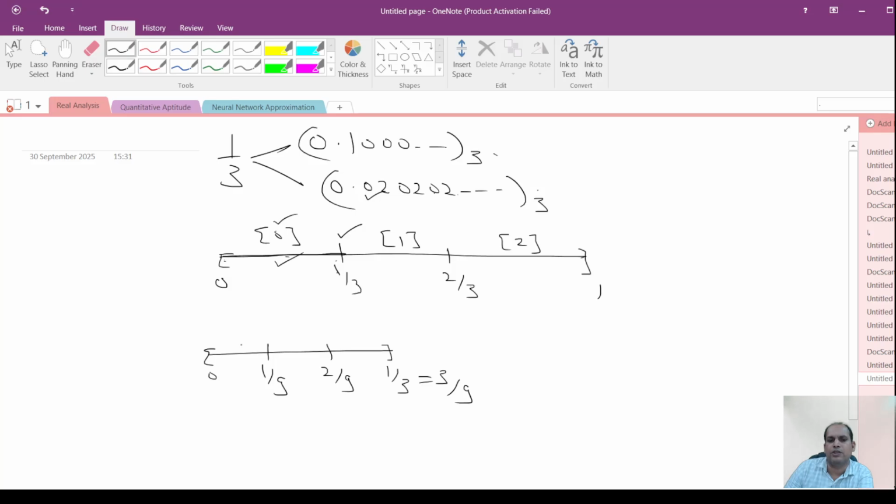Again labeling these with 0, 1 and 2, and removing the middle one because we are writing in Cantor form, or let us first write its ternary form. Clearly this 1/3 is the last extreme point of the interval denoted by 2.